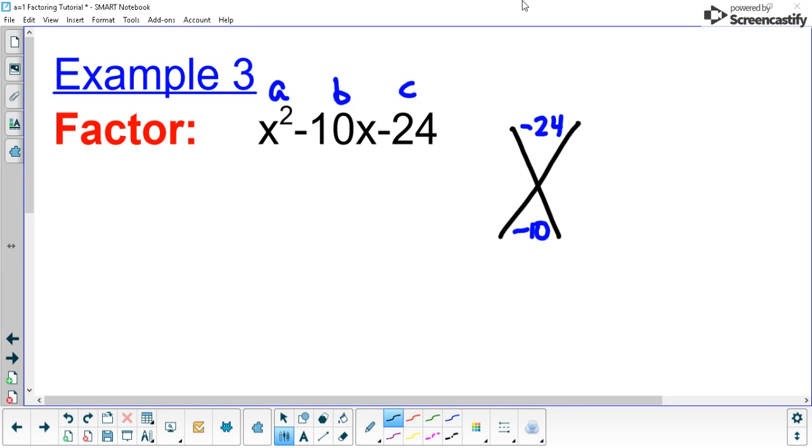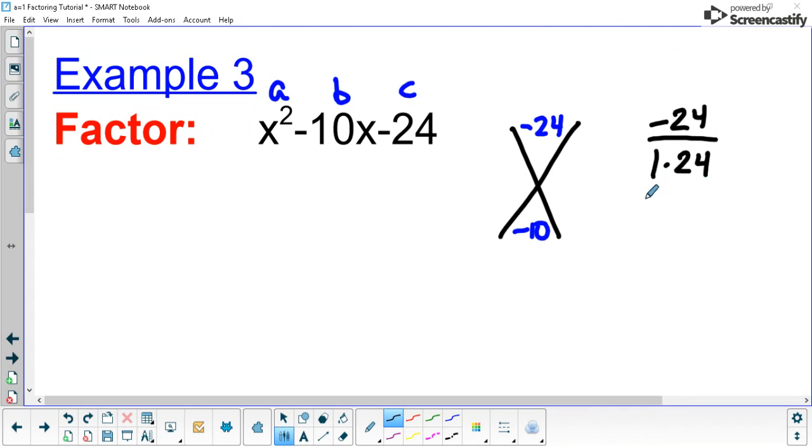So numbers that multiply to get negative 24. And yes, it is a negative 24, but we're not going to worry about the negative sign right now. We're just thinking of numbers that multiply to get 24. So we have 1 times 24.